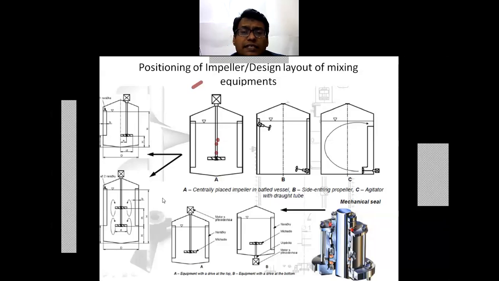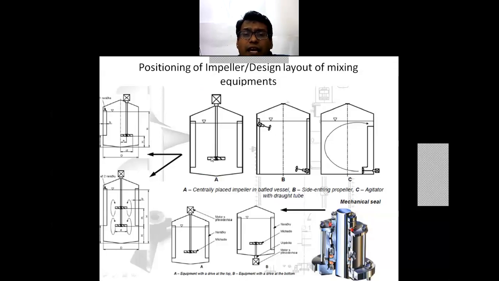Even the centrally located impeller can be a single impeller or a double impeller, as in the first figure A, the centrally placed impeller in a baffled vessel. Then there can be a single baffle, or multiple baffles.